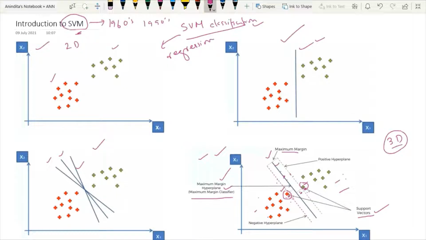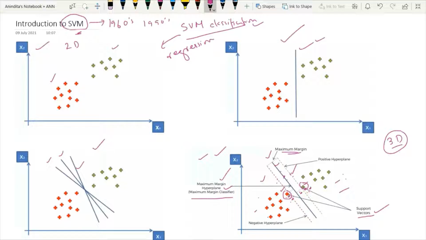Whenever you are going to design any support vector machine algorithm, first you have to find the support vectors, meaning the points which are placed equidistant from the maximum margin. Maximum margin means the line which classifies these points. Afterwards, you have to mark the positive and the negative hyperplanes. So these are the main concepts of support vectors.